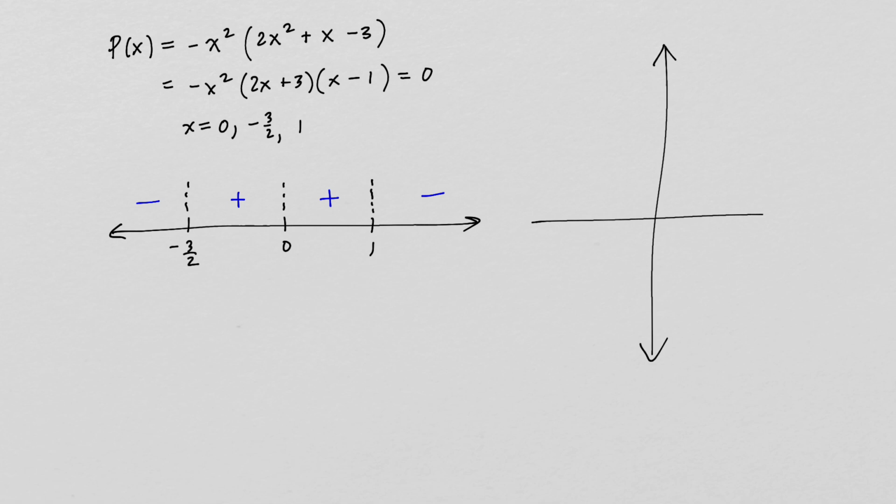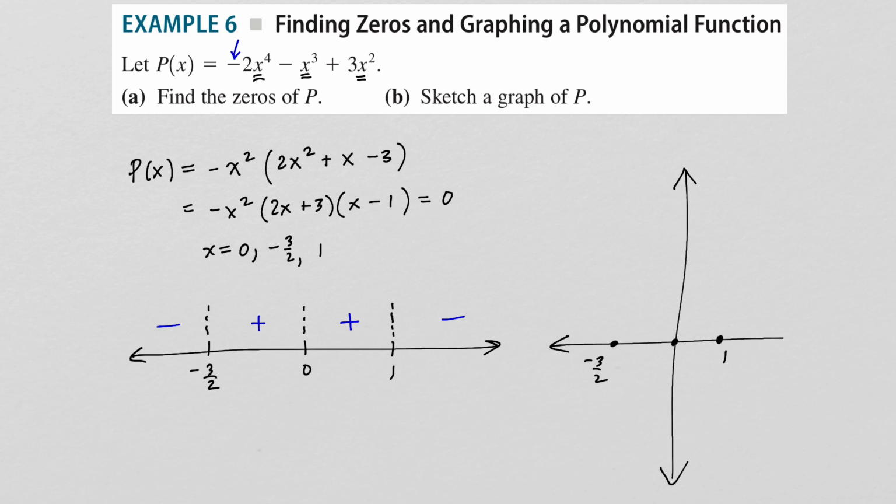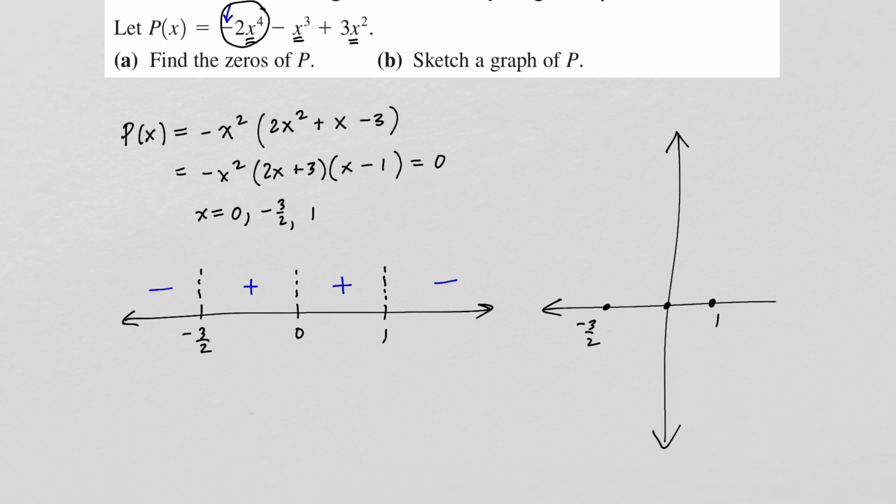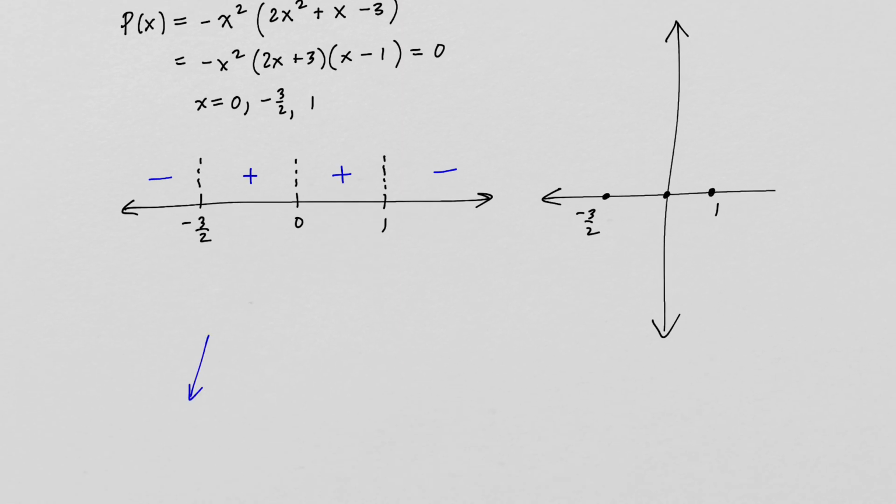So we have a 0 at negative 3/2, we have a 0 at 0, and we have a 0 at 1. Now also keep in mind that since this is an even degree polynomial with a negative leading coefficient, we know that the end behavior of this graph must be down on both sides.